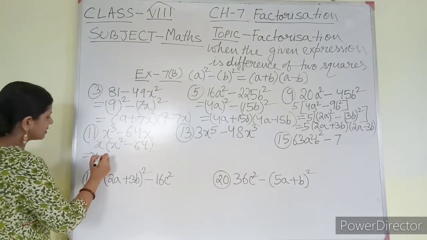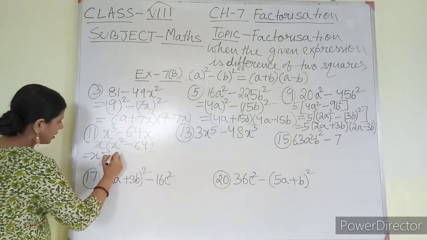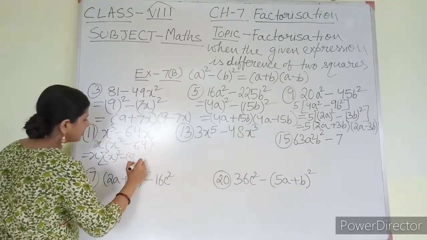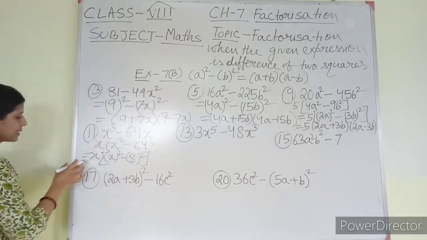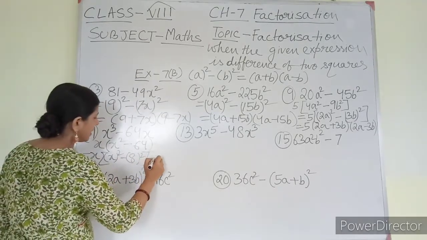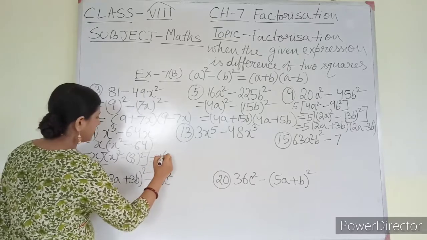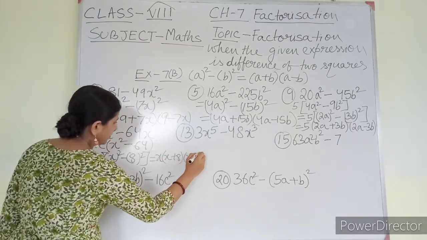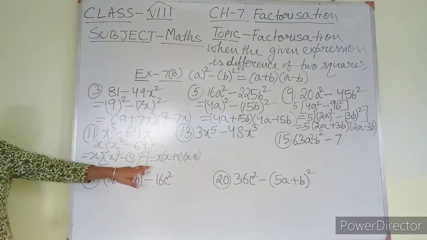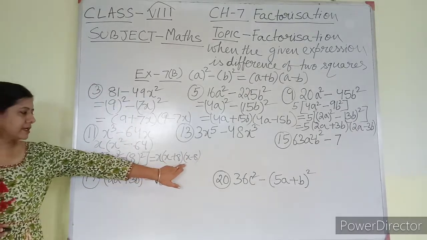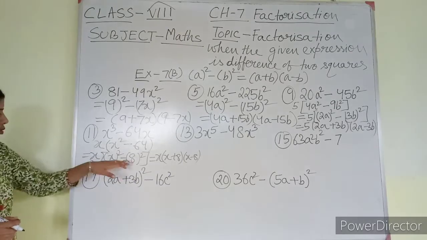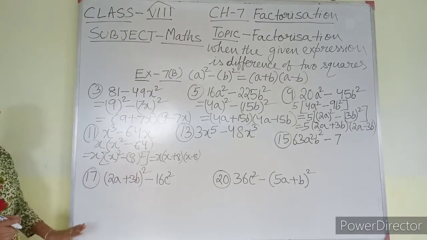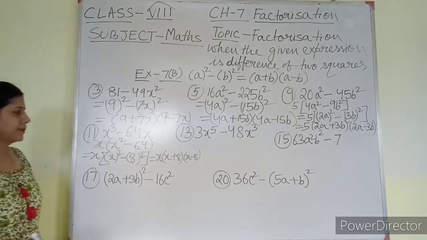So x square minus 8 square. This can be written in the form (a plus b) and (a minus b). So the answer is x into (x plus 8) into (x minus 8), because this one is in the a square minus b square form. This is a very easy chapter, everyone can do.